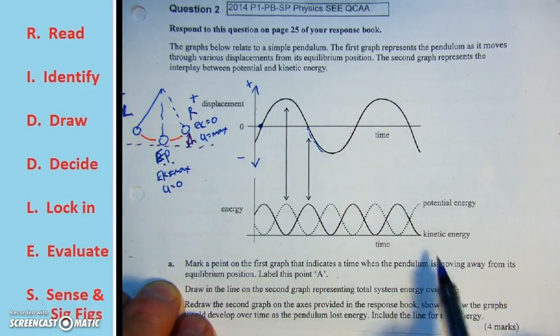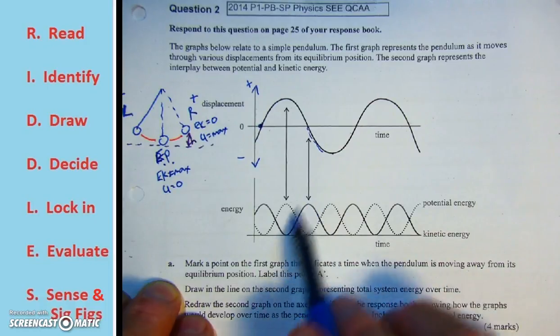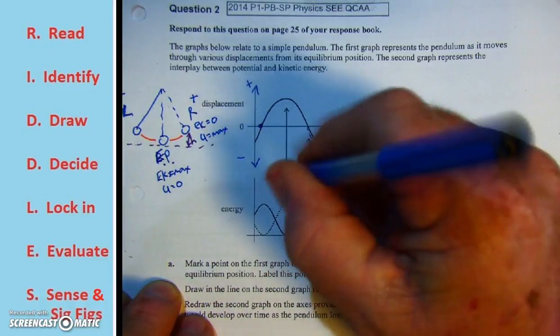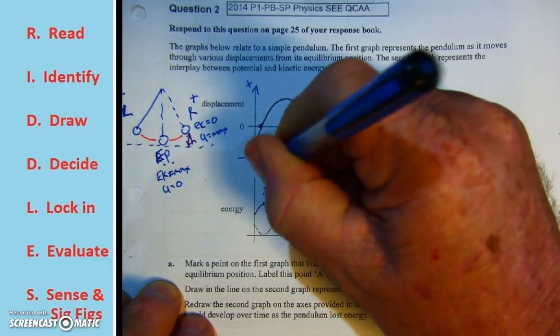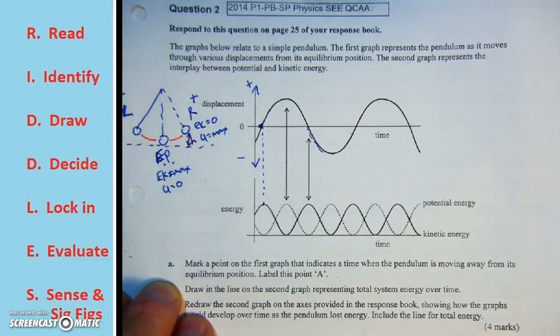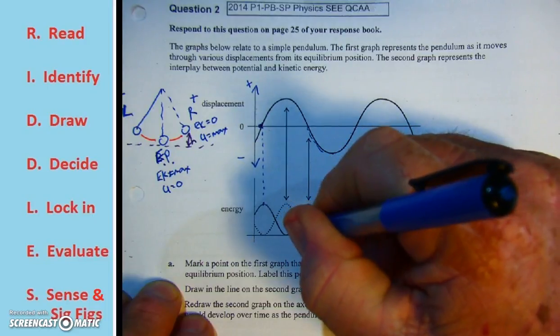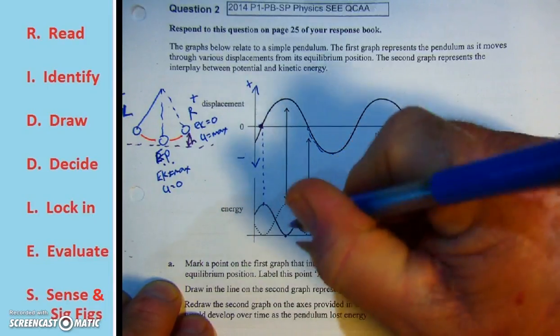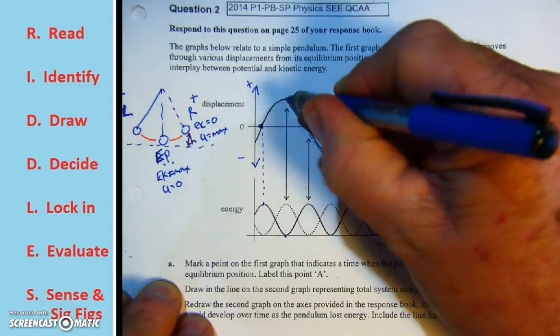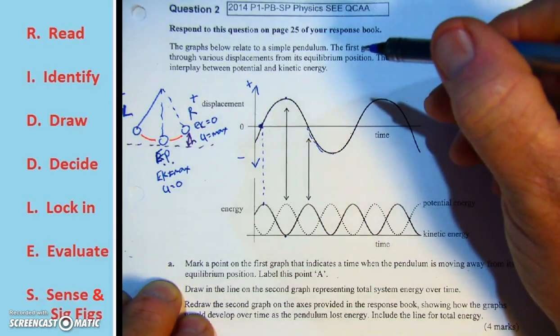With the kinetic energy, it is at a maximum, and that maximum, if I dot my line up, is as it swings through the rest position. Then the kinetic energy becomes zero when it stops at its maximum displacement.